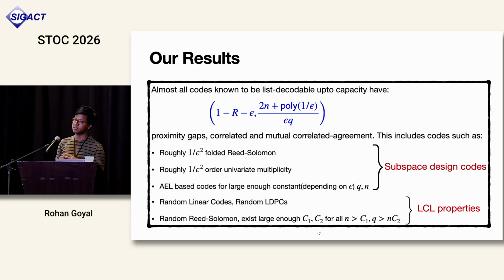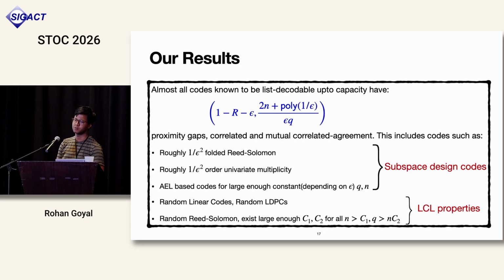There's a result by Levi, Mosheiff, and Shagrithaya that shows that random linear codes and random Reed-Solomon codes have exactly the same behavior in terms of local properties. And due to the work by Brakensiek, Chen, Dhar, and Zhang, we also know that this is the same behavior as subspace design codes. So using their techniques, we were able to import these results from subspace designs to random linear codes and random Reed-Solomon codes as well.